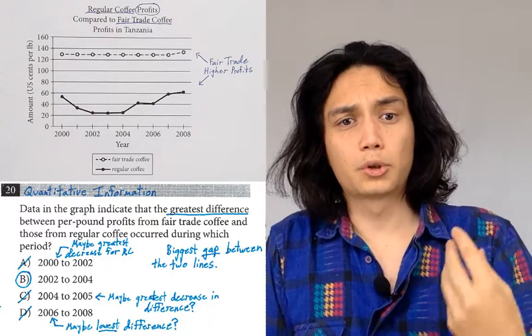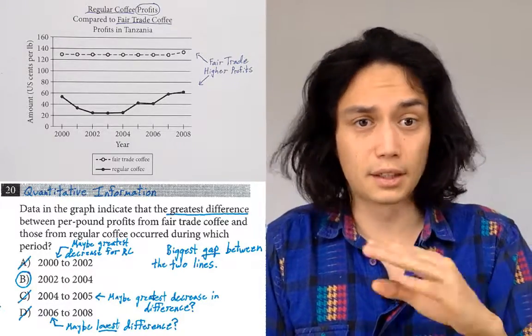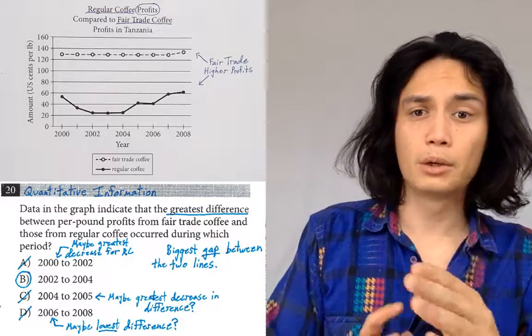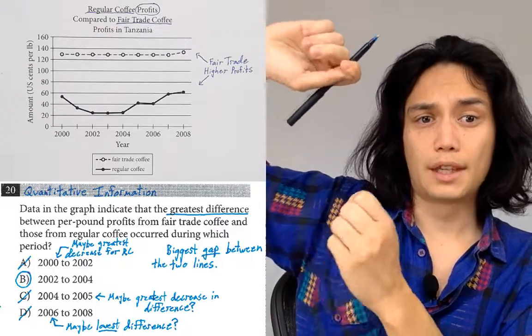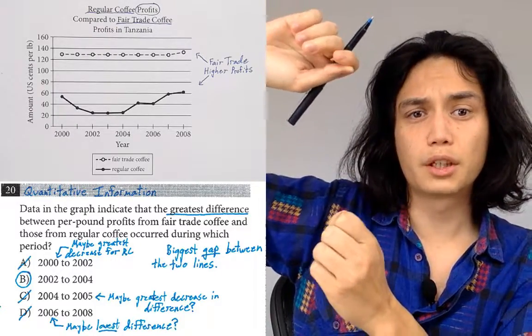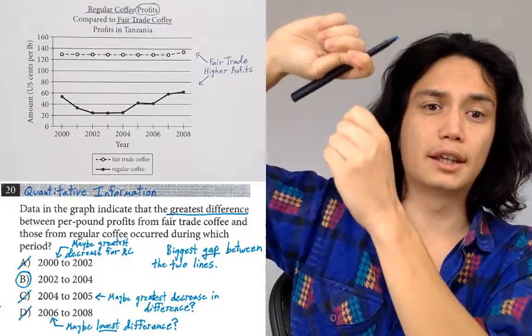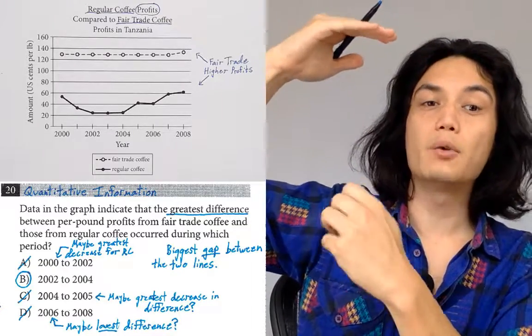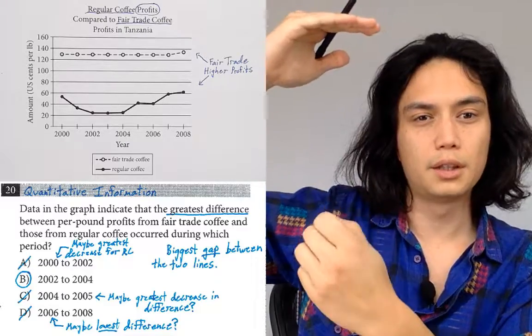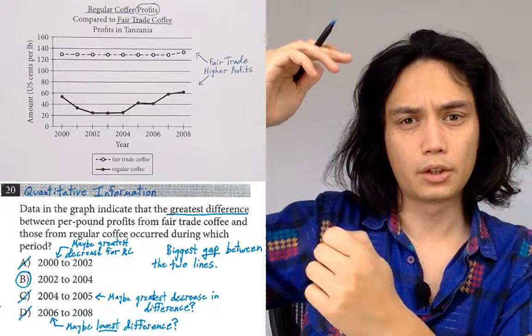We're not talking about the greatest increase or decrease in either of them. We're talking about the points in time where the difference between them was at its peak. Right? We're looking for the largest gap between the two. When was fair trade coffee way more profitable than regular coffee? All right, that's what we're looking for.